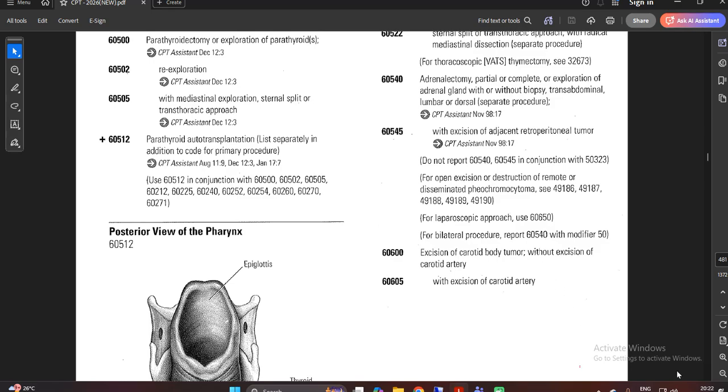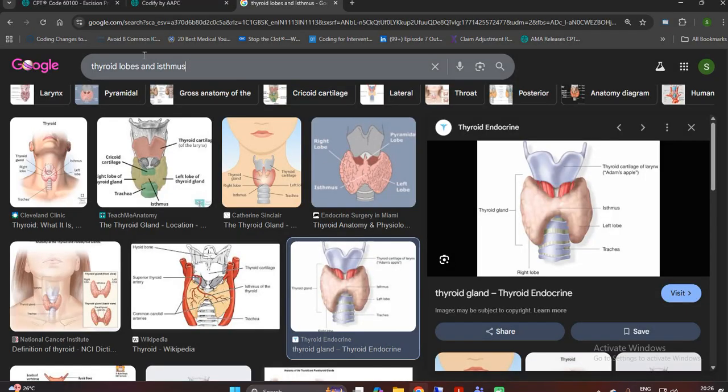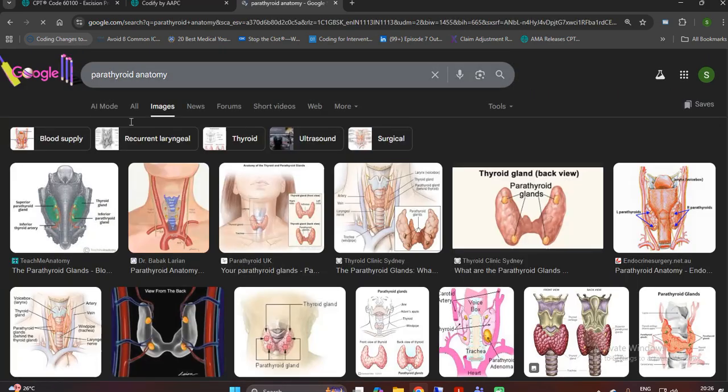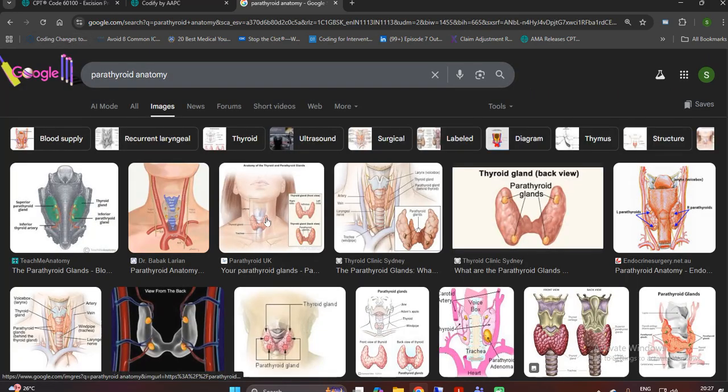Okay, one second guys. So like parathyroid autotransplantation. Sometimes what happens when a patient has a thyroidectomy? As we have discussed, the parathyroid glands sit on the back side of the thyroid gland. I will show you once. See here, this is the back side of the thyroid gland. 1, 2, 3, 4.